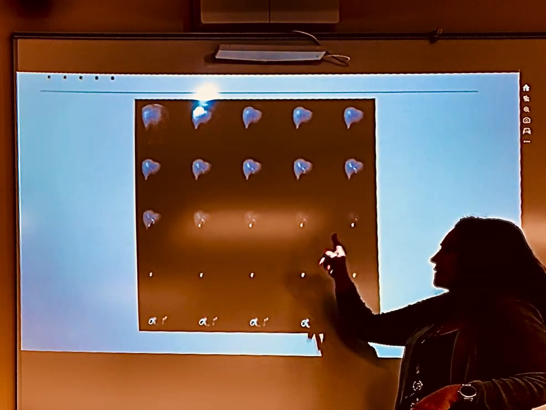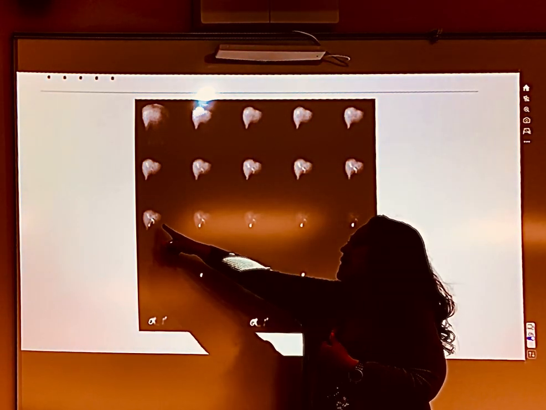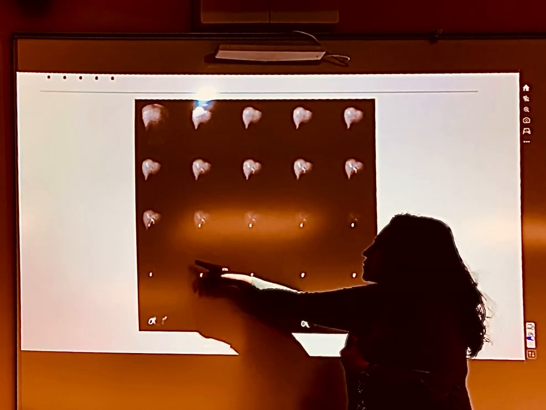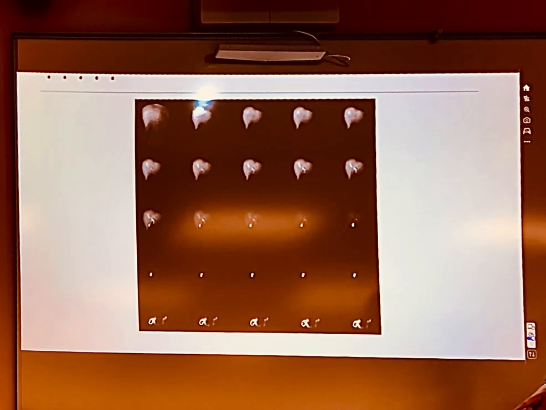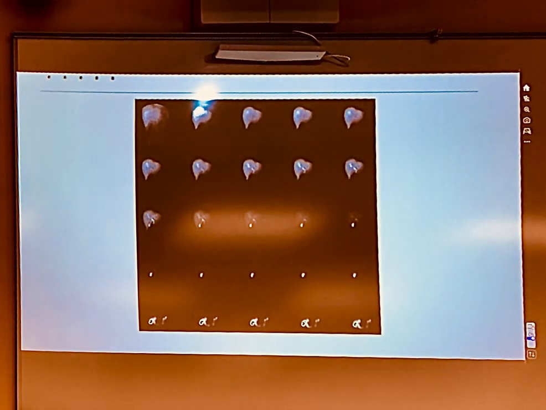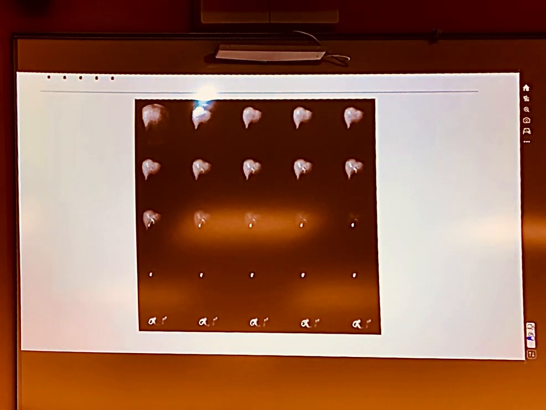And see how you see the common bile duct really bright, and then it goes away, all you see is gallbladder, that's it. So you can see the tracer moving throughout this. Because this was a dynamic study, you could do a cine and hit the play button, and you can watch it.